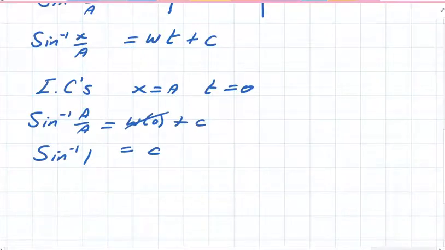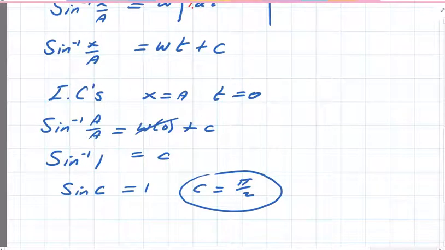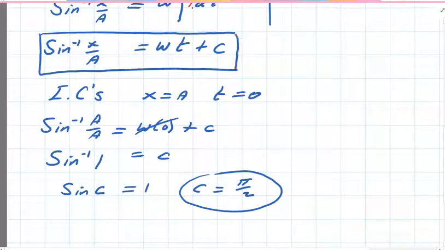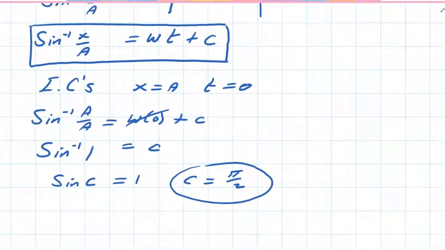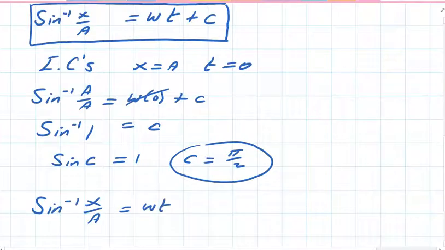So the sine of c equals 1, so c is pi over 2. And yet again, once you've got c, you put it back into the original equation, which is up here now. So inverse sine of x over A is equal to omega t plus c, which is plus pi over 2.